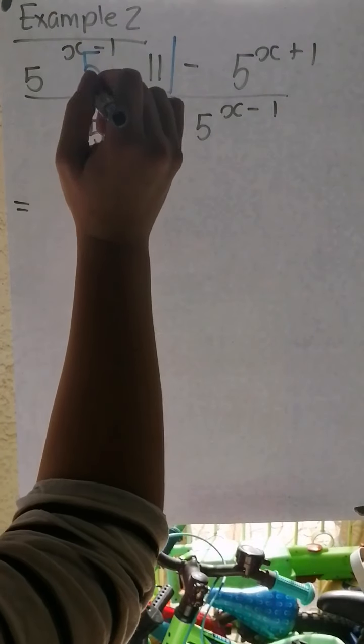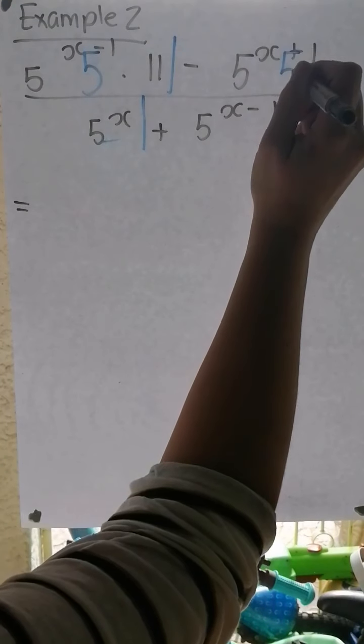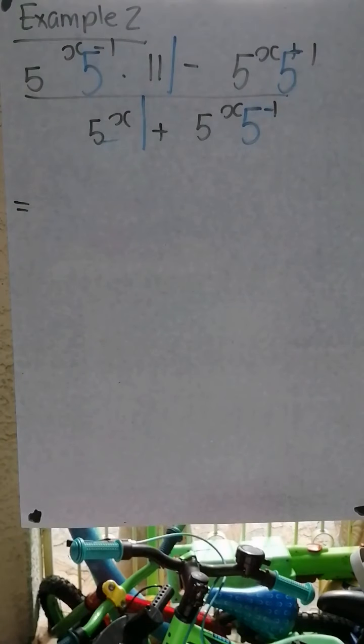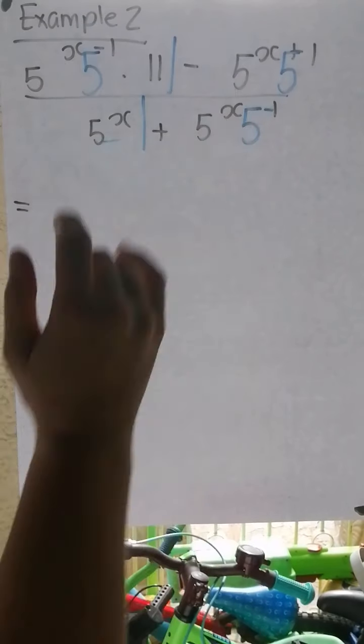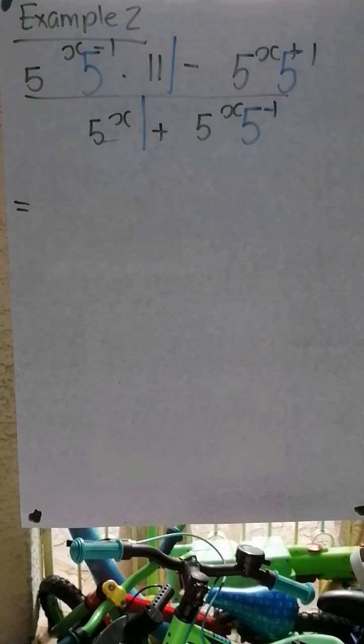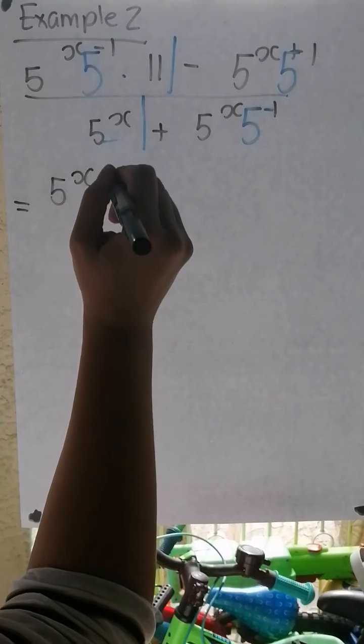Okay, bearing in mind that this has a 5 over there, 5 to the power of negative 1, and this is a 5 over there, 5 to the power of 1, and here's a 5 to the power of negative 1 there too. Okay, at the top, can you see what I have? I've got like terms, 5 to the power of x and 5 to the power of x. So I'm going to factorize by taking out an HCF.